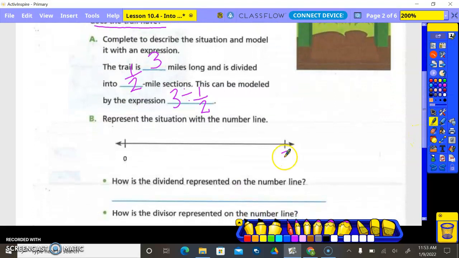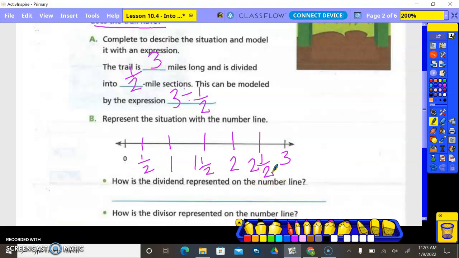So our total is 3, and then they divide it into half-mile sections. So half of 3 is 1.5. And then we'd have half, we'd have 1, then 1.5, then 2, then 2.5, and 3.